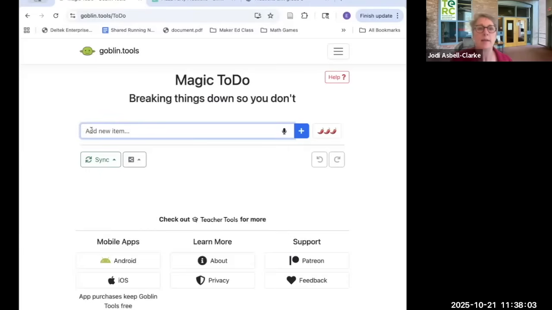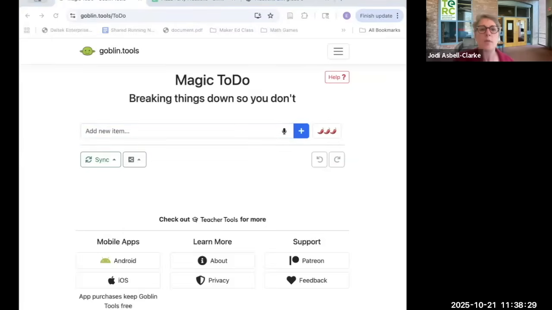They have their task and a syllabus for their class. They just need to get through their class and figure out how to organize that. Goblin Tools is designed for neurodiversity, and it does a lot of the skills that we do in our executive coaching.